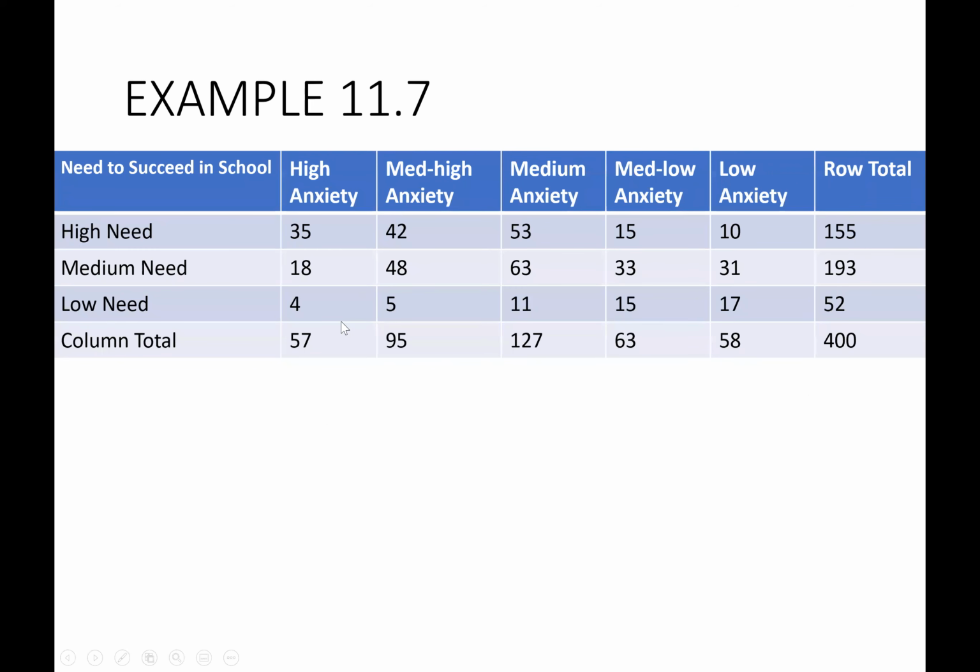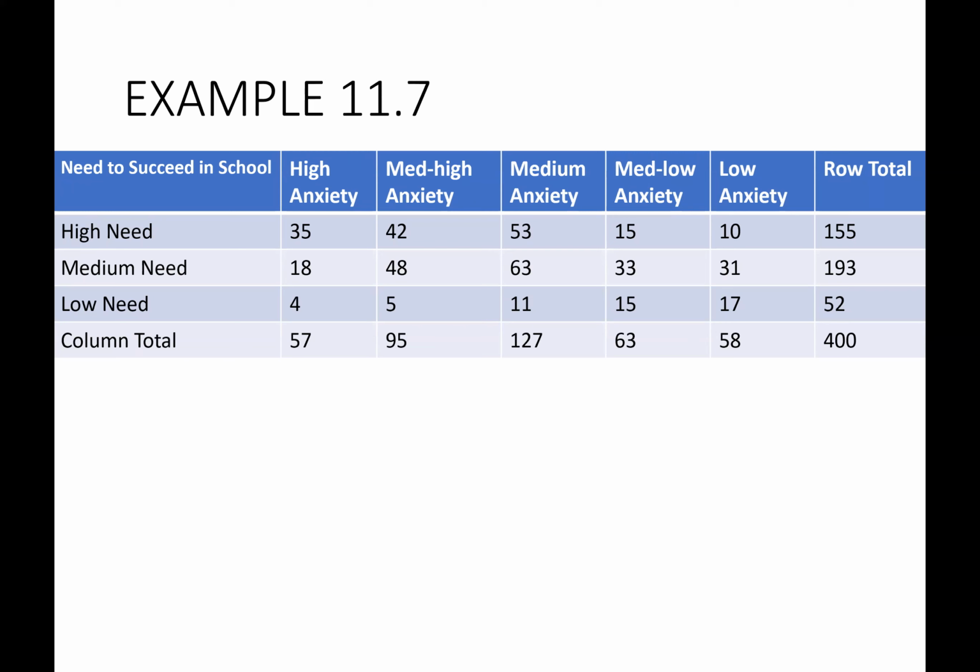So here is the table that shows the data that they took from this test for these 400 students. So we have 3 rows. They have a high need to succeed, a medium need, or a low need.